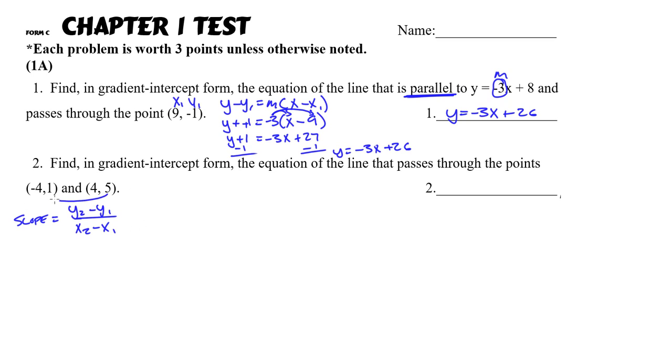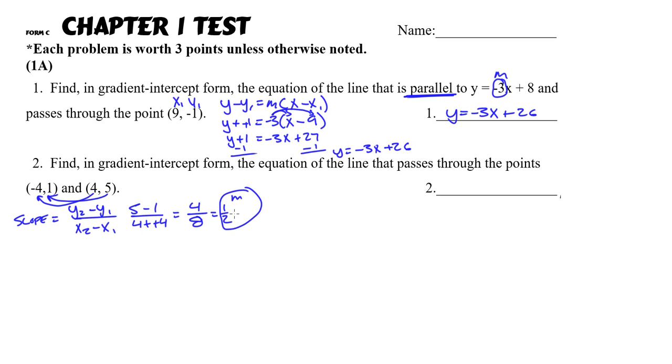So we've got 5 minus 1, and then 4 minus negative 4. Don't forget the double negative. It's always subtraction between these, and since that's a negative 4, it's 4 minus negative 4, which turns into plus 4. 5 minus 1 is 4, and 4 and 4 gives us 8. So this is 1/2 for our slope.